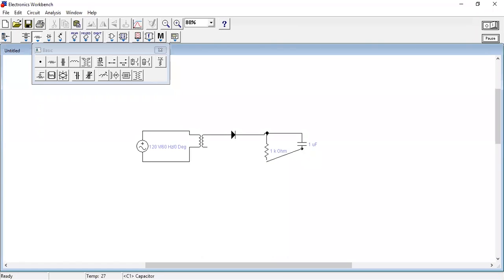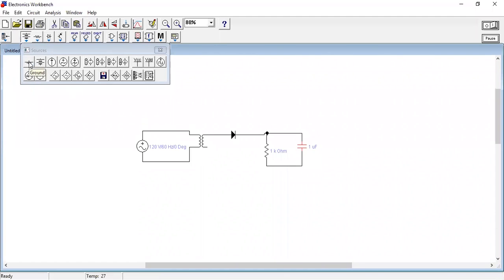And we can connect the resistor to the transformer. I think this is your circuit.